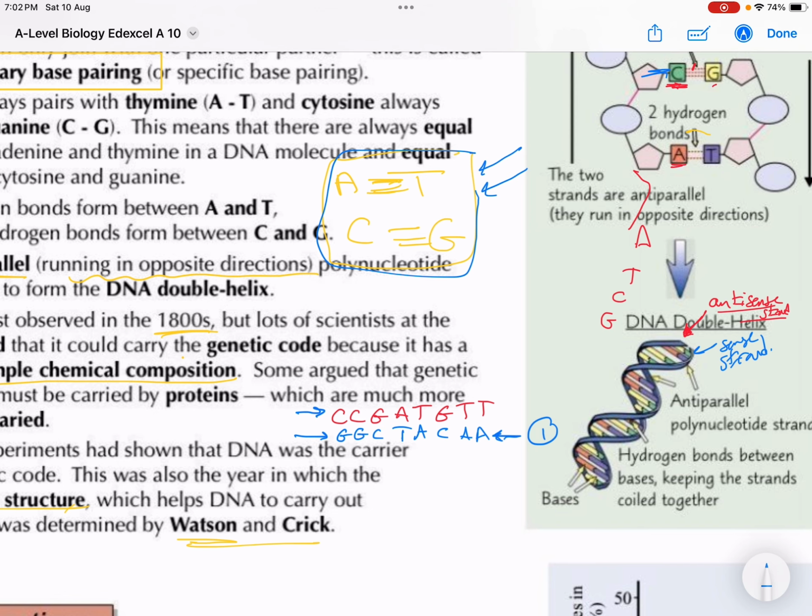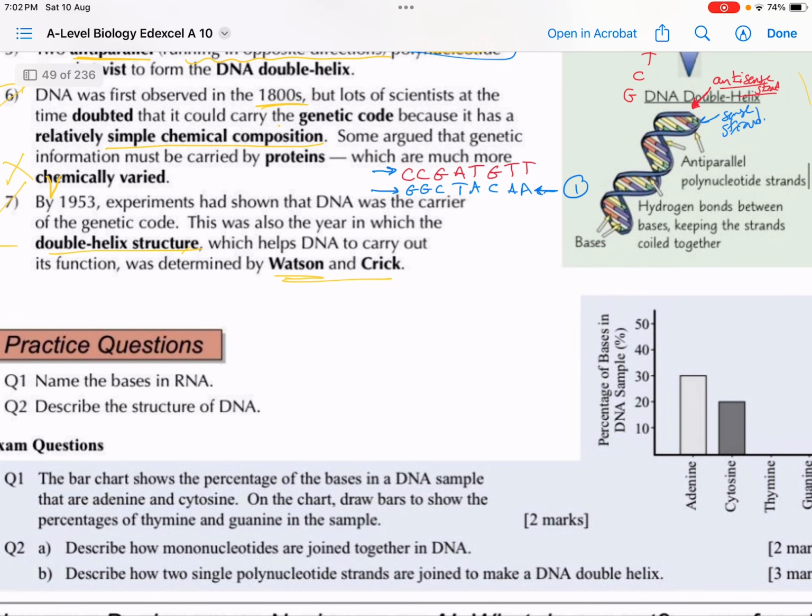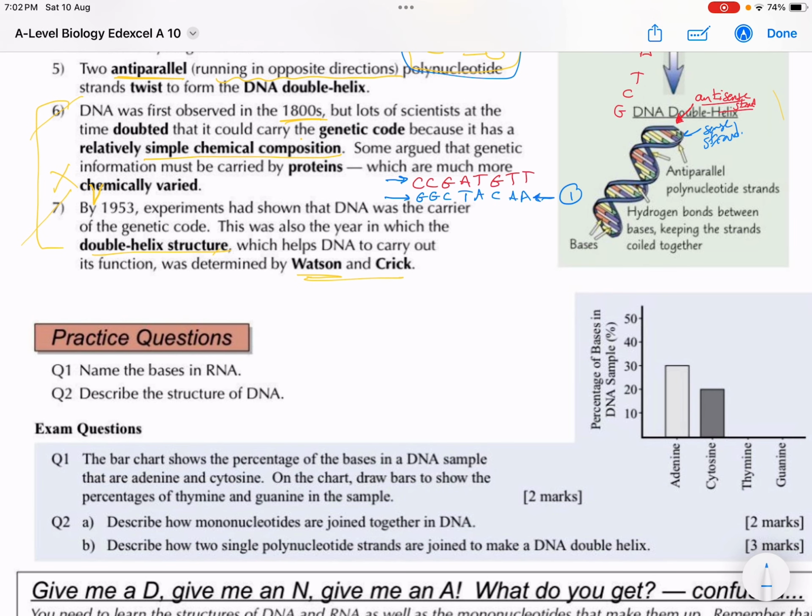All right. Sometimes they may ask questions like this. The bar chart shows the percentage of the bases in a DNA sample that are adenine and cytosine. On the chart, draw bars to show the percentage of thymine and guanine in the sample. So we previously know that adenine is always complementary to thymine, and cytosine is complementary to guanine.